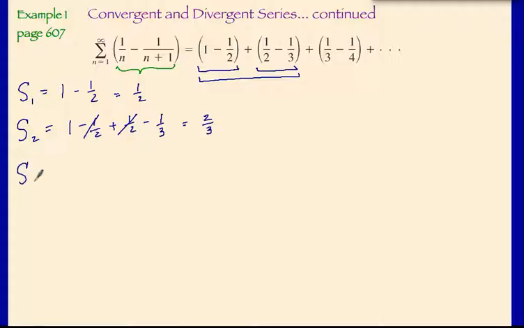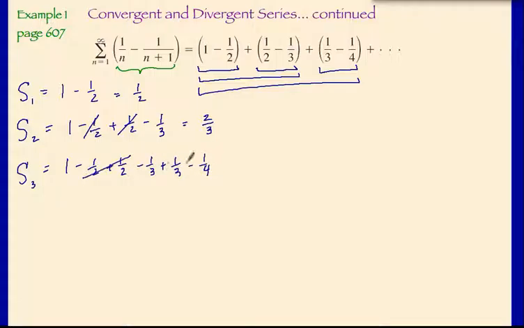Now let's look at the third partial sum. If this is the third term, then let's add up these three to get this partial sum. We have 1 minus 1/2 plus 1/2 minus 1/3 plus 1/3 minus 1/4. Again, notice these pairs of terms on the inside that cancel, giving you 1 minus 1/4, which is 3/4.